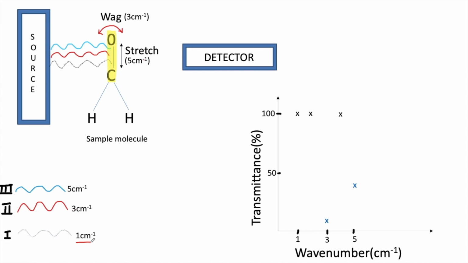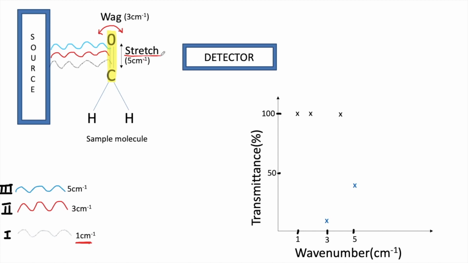So, what do you think? Will there be any absorption taking place or not? No, there will be no absorption corresponding to this wave number, because the wave number of the IR radiation doesn't equal the wave number of any of the vibrations.